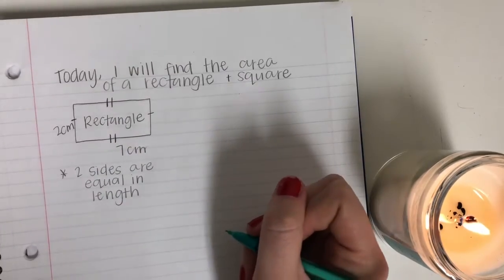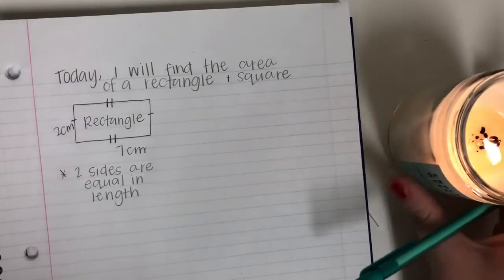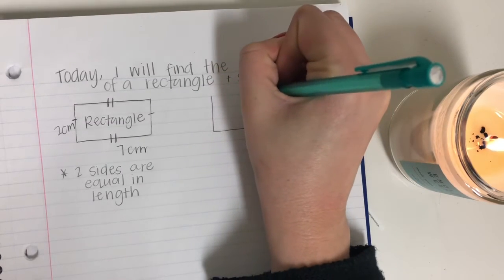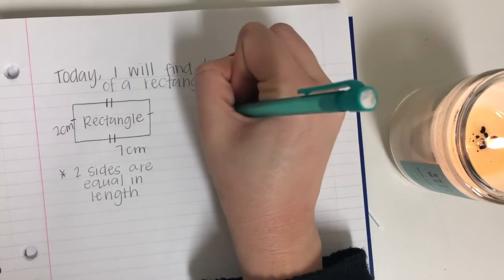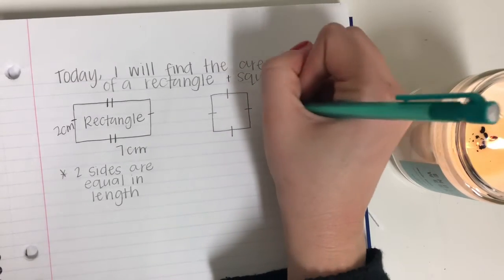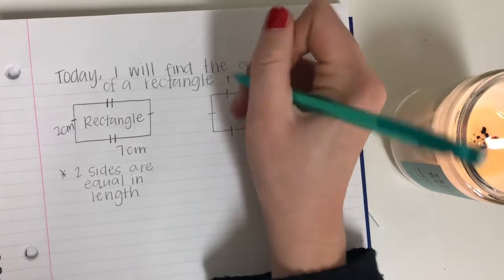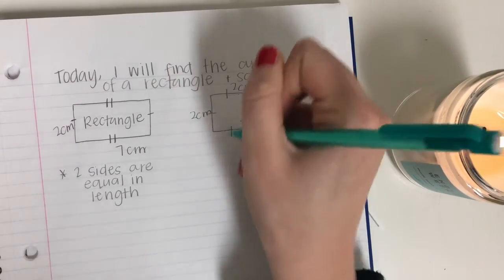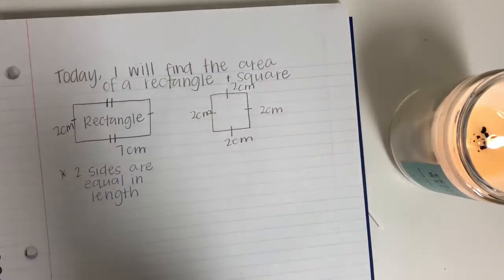Okay, and then we have a square, which is when all 4 sides are the exact same length. So every side is the same length. So we could say that this side is 2 centimeters, which means this is 2 centimeters, this is 2 centimeters, and this is 2 centimeters.